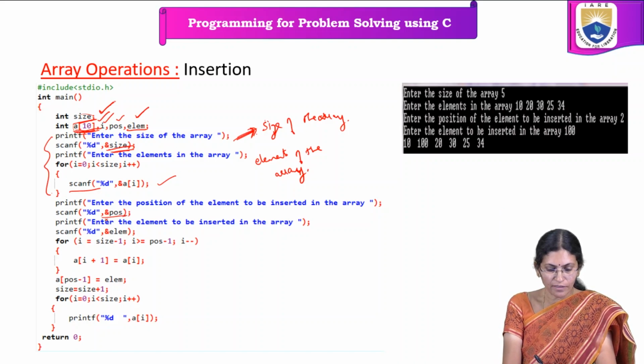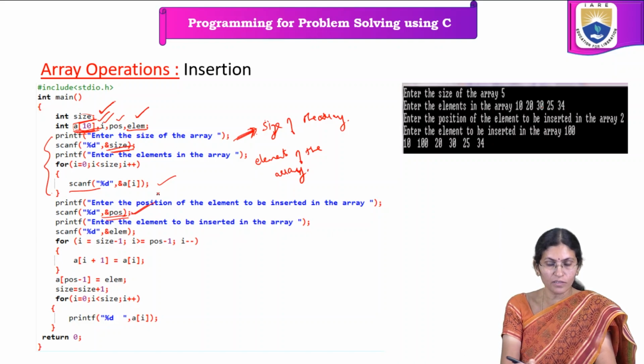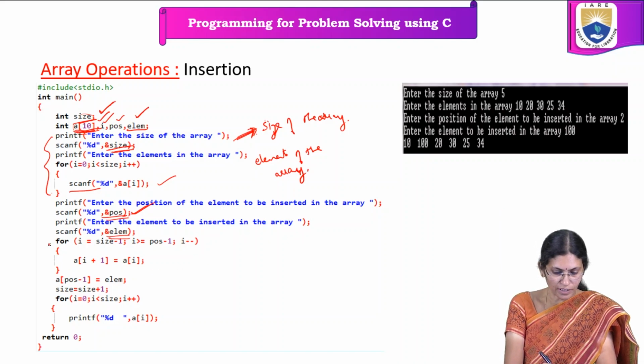Next, the user needs to specify the position also, as we explained in the previous example. This will take the position, and this is the actual value which has to be placed at a particular position.